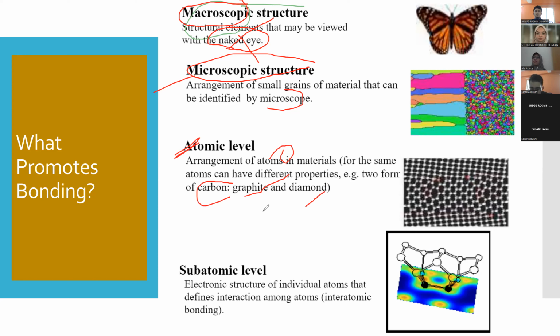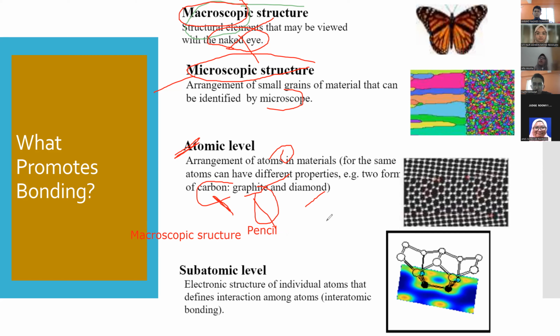In the macroscopic structure, graphite can be a pencil, and you can see the pencil. But at the atomic level, you can see this is graphite. Graphite is the arrangement of carbon.